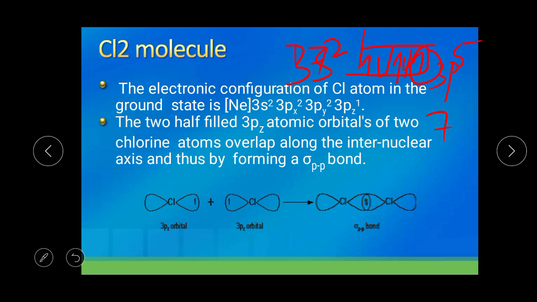The p orbitals are of 3 types, Px, Py and Pz, and in Pz there is only one electron. So the Pz1 of one chlorine and the Pz of another chlorine combine to form a paired electron, that is, a sigma p-p bond.